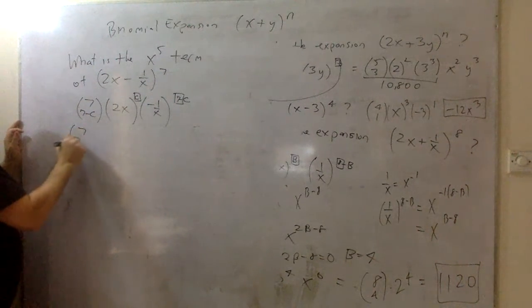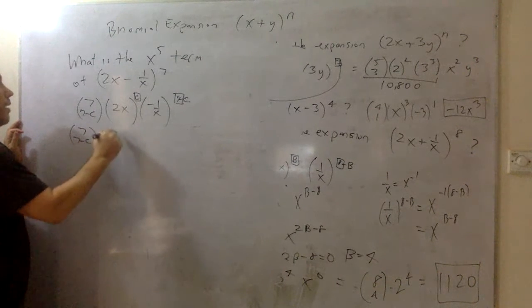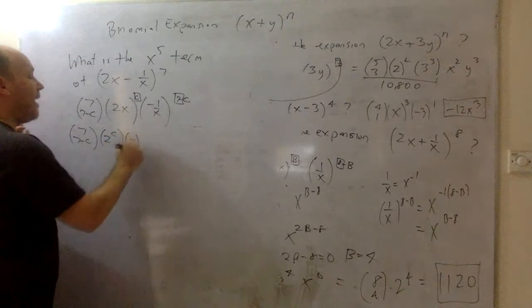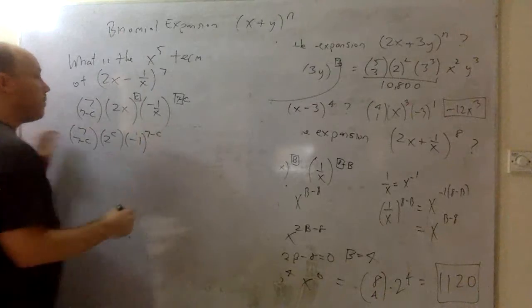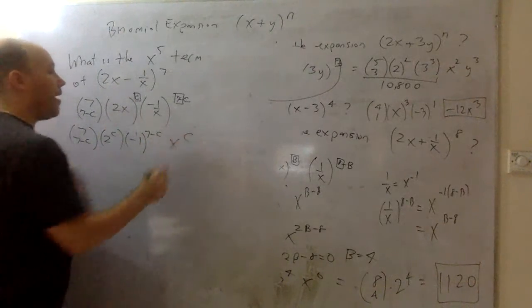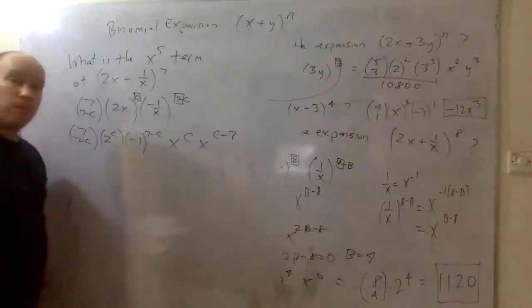So we have 7 choose C, 2 to the C, negative 1 to the 7 minus C. We have x to the C, and, ready, x to the C minus 7.